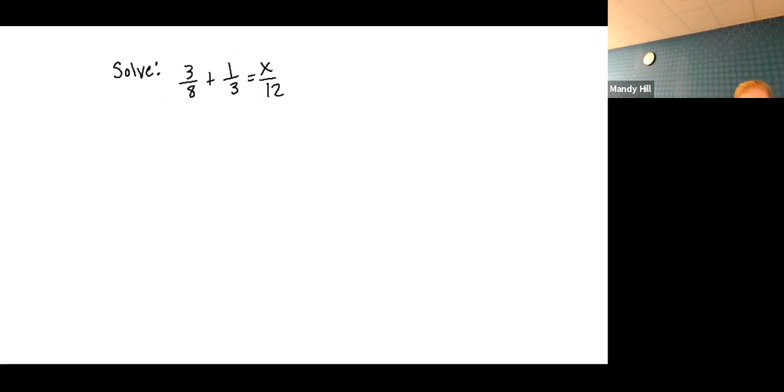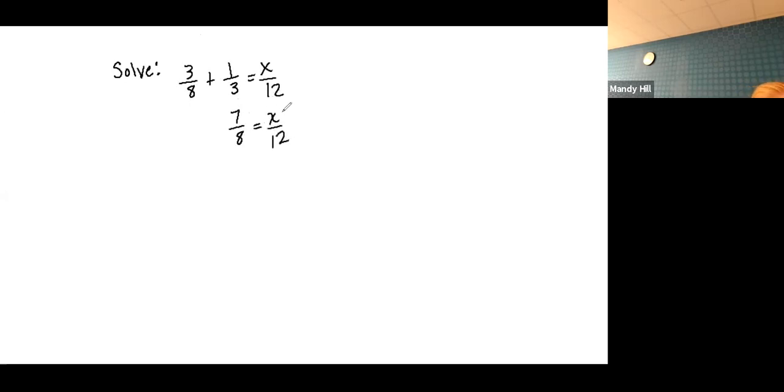I can figure out what 3/8 plus 1/3 is by just using my calculator. Again, on the graphing calculator, you hit alpha y equals to get your fraction. That's going to get me 7/8 is equal to x over 12.